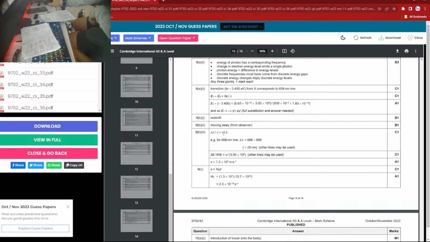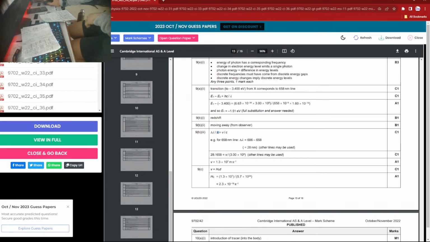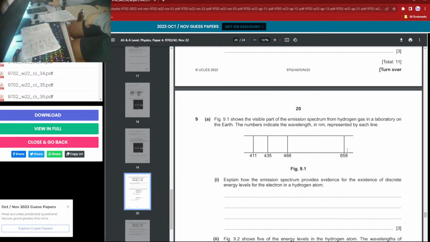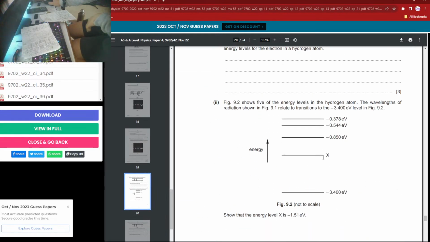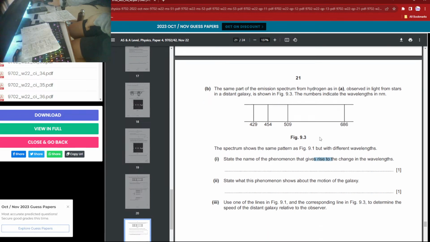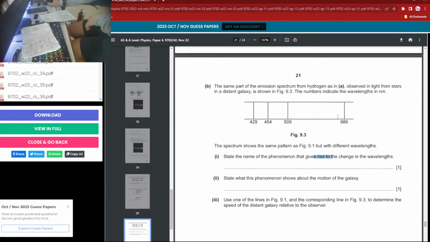So that's why, for the velocity of how far it's moving away from the Earth, you get how fast it's moving away: the difference of wavelengths gives you the V. From the emission spectrum here, you initially have 658, but then the observed spectrum, you have 686. This is the observed one.